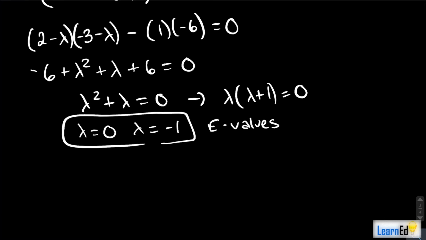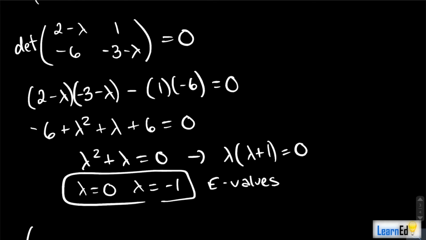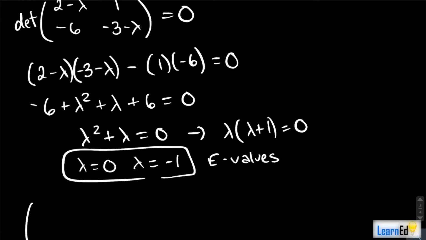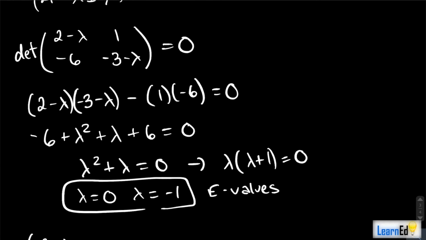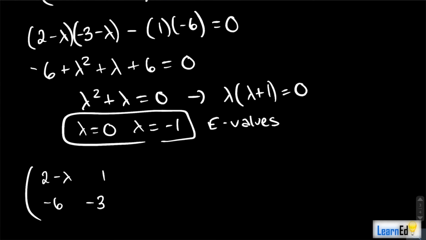So when lambda equals 0, we're plugging it into this new standard matrix, A minus lambda I. So we have 2 minus lambda, 1, negative 6, and negative 3 minus lambda, and we plug in 0.